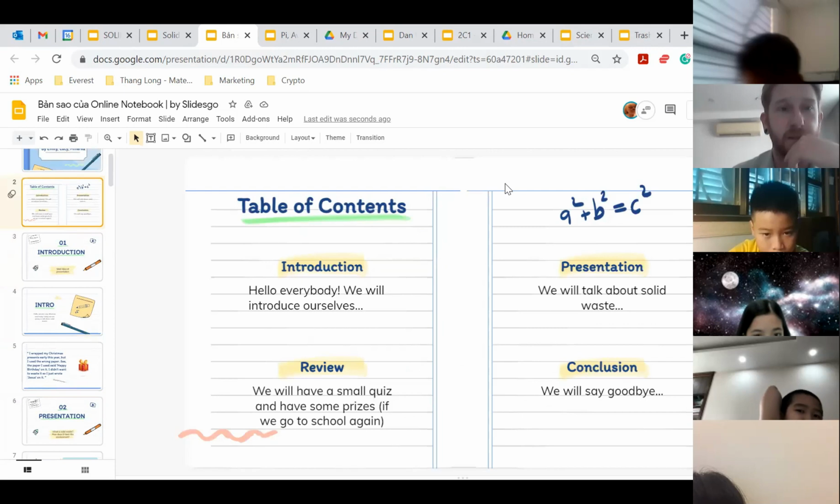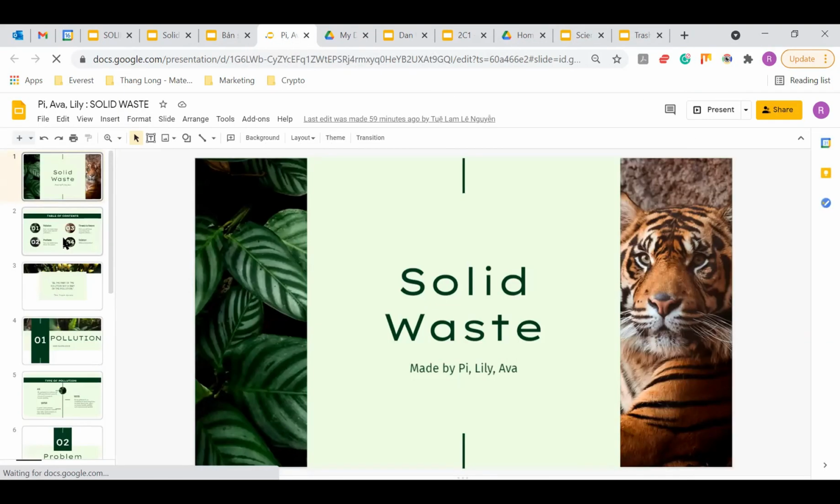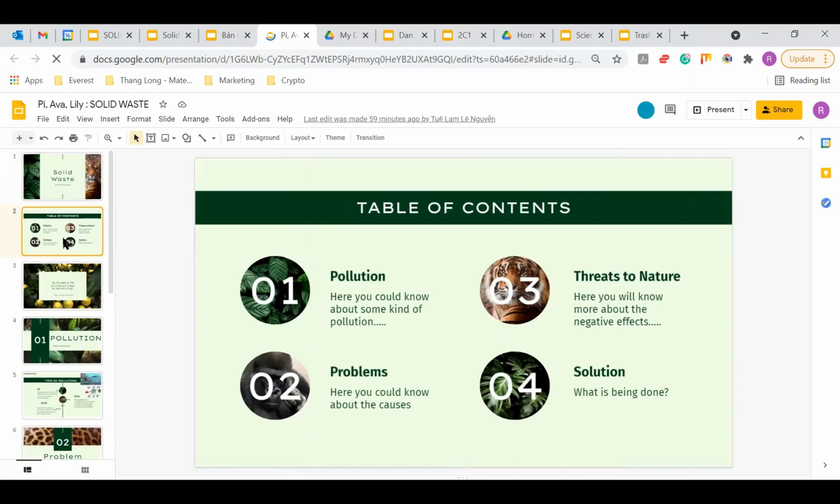Okay, and P, Ava, and Lily. We divide our presentation into 4 sections, and each section talks about one thing about pollution. The first section is about pollution, like its natural concepts.